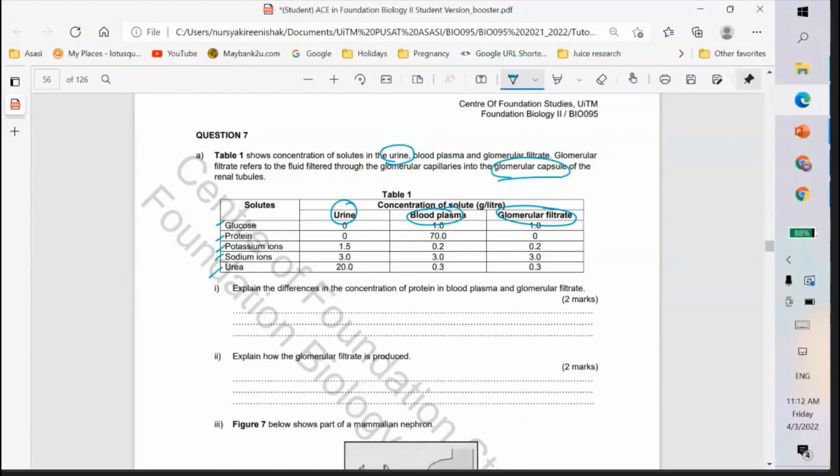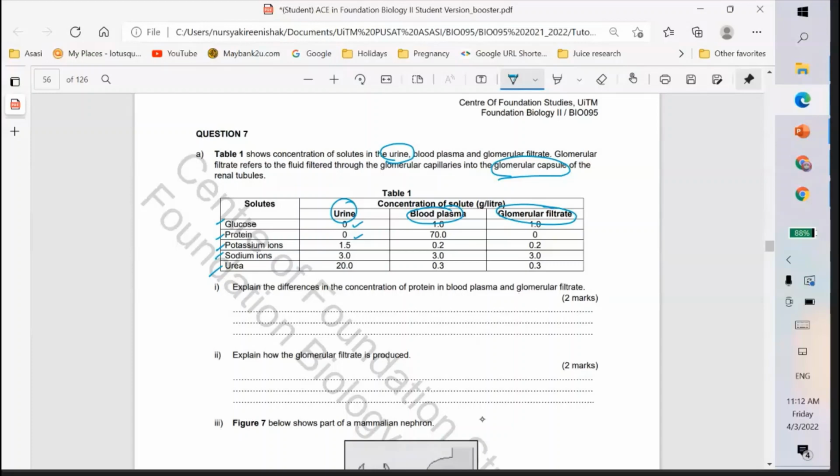For urine, there will be no glucose and no protein, as the protein and the glucose will be reabsorbed in the proximal tubule. For the potassium ion, you can see it is 1.5. There is potassium ion in the urine, sodium ion, and also urea.